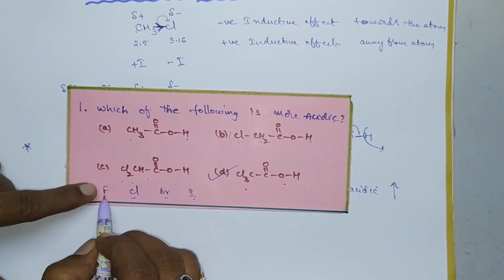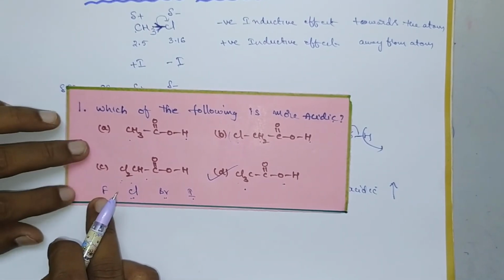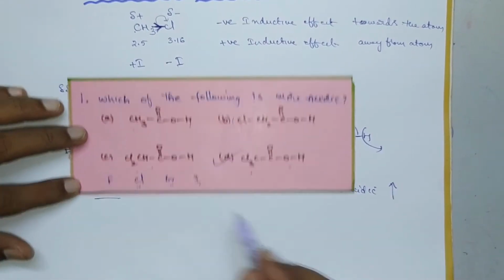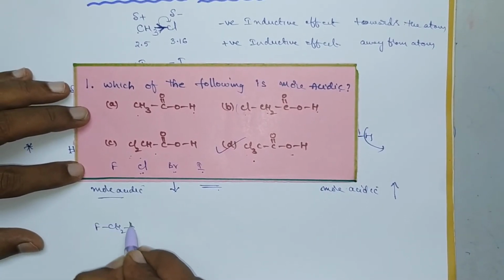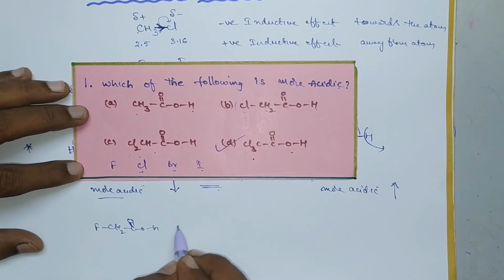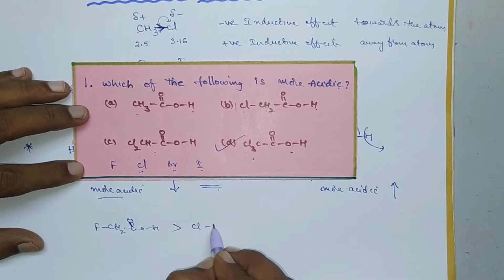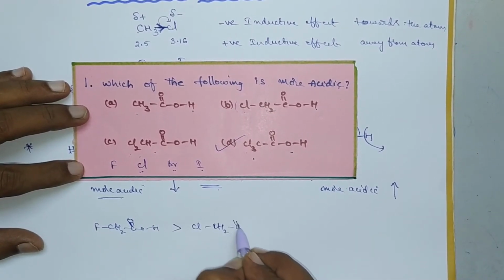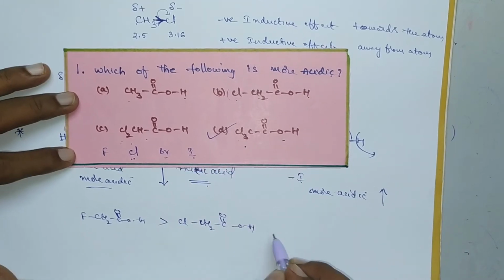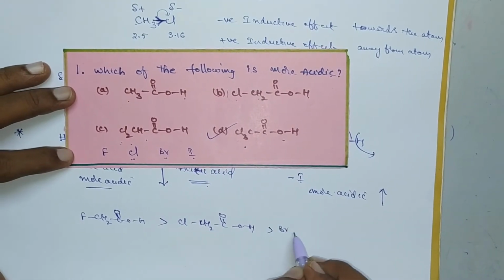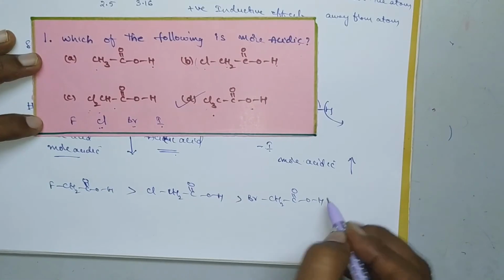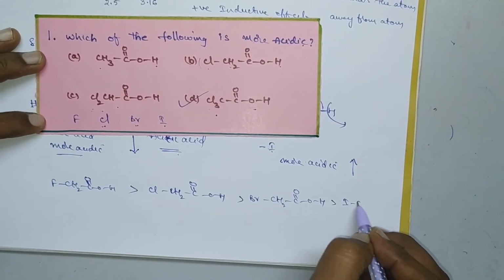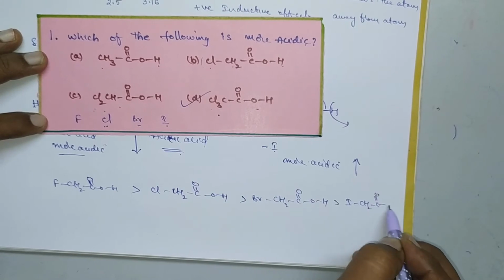It has more tendency of accepting electrons. Okay, clear? So in this way we can say FCH2COOH is more acidic than ClCH2COOH, chloroacetic acid, and it is more acidic than bromoacetic acid, and it is more acidic than iodoacetic acid. Okay, clear?